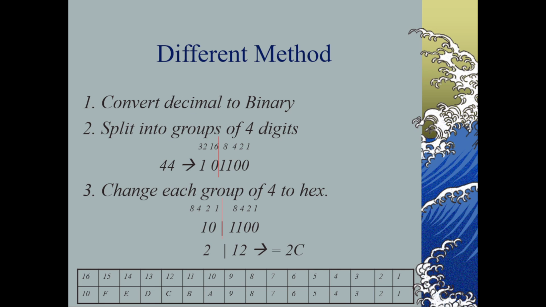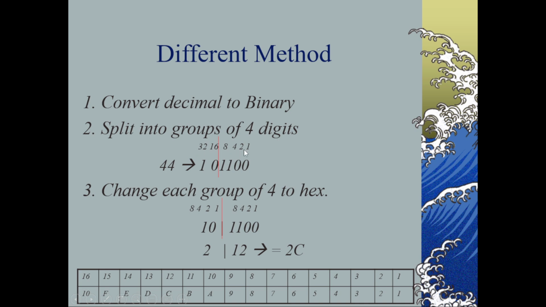Okay. Now there is a shortcut method to help figuring out converting decimal to hex. It has a couple steps, but some people really like it, so I want to show you here. The first thing you do is convert your decimal number to binary. So 44 decimal, this is 44 in binary, 101100.